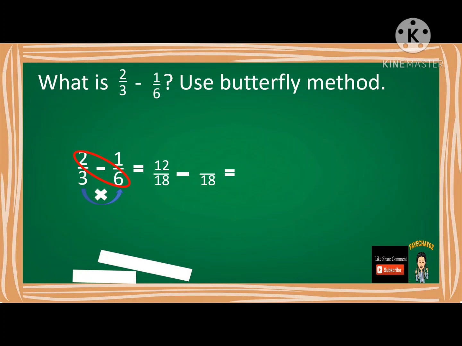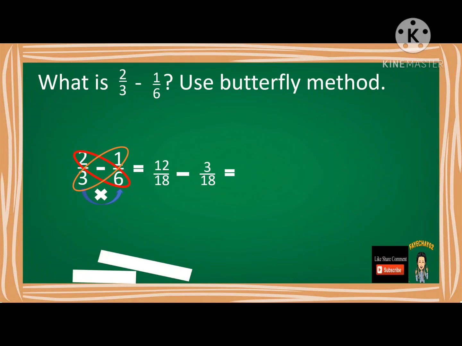Then do the same process. Multiply the numerator of the second fraction and the denominator of the first fraction. 3 times 1 is equal to 3. 3 is the numerator of the second fraction.